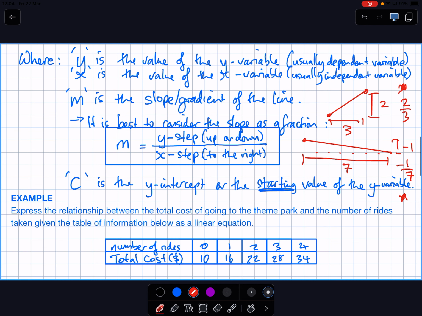Yep. All right, can you write that example down, please? We're going to express that theme park situation as a linear equation.